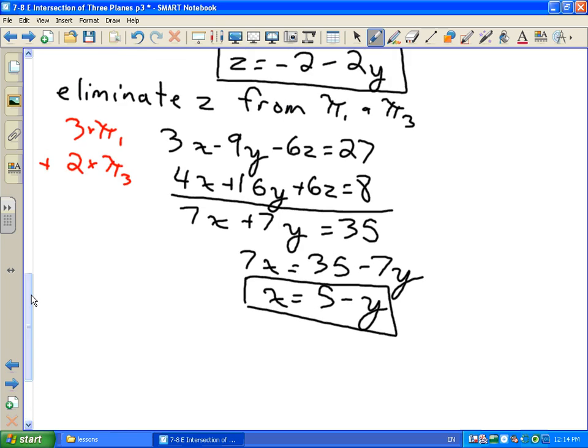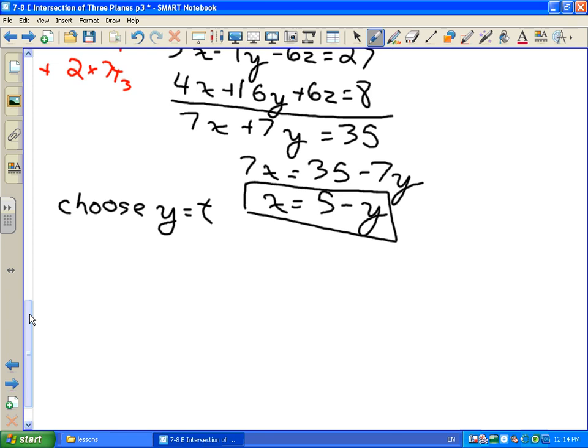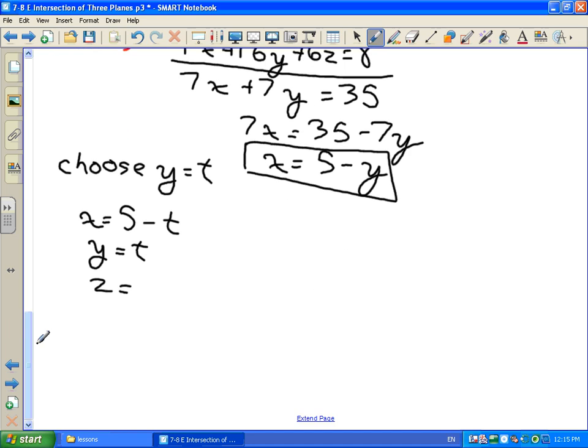So we can just choose y equals t. And our parametric equations will become x equals 5 minus t, y equals t, and z equals -2 minus 2t. And that's the equation of our line of intersection.